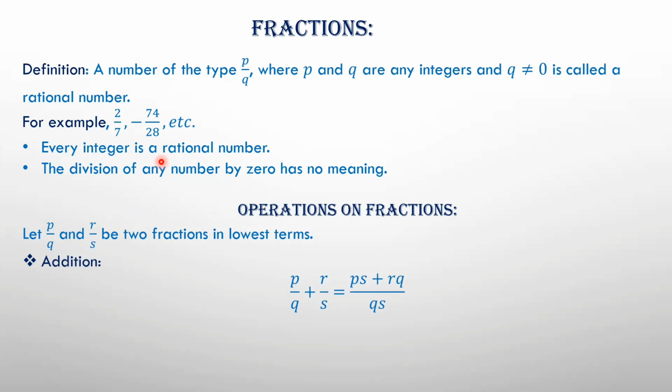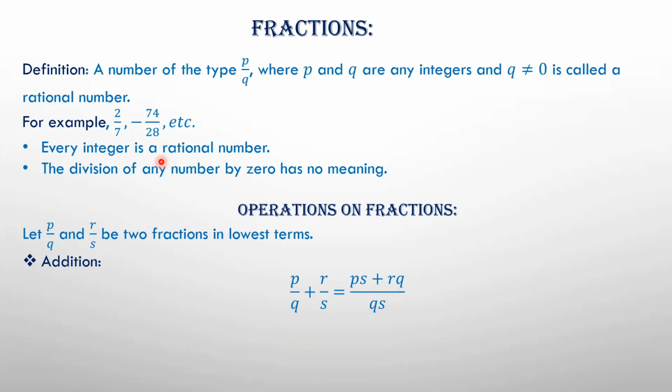Firstly, by finding LCM that we have already seen, and second, we can cross multiply this: P into S plus R into Q upon multiplication of denominators. This is the second way to add fractions.